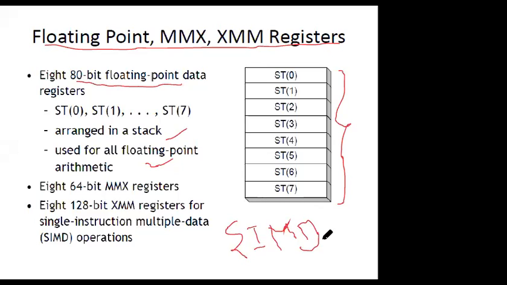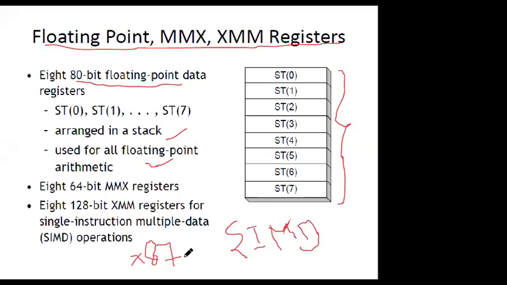MMX had two problems. What was the problem of MMX? First, it reused the existing x87 floating point registers, making the CPUs unable to work on both floating point and SIMD data at the same time.